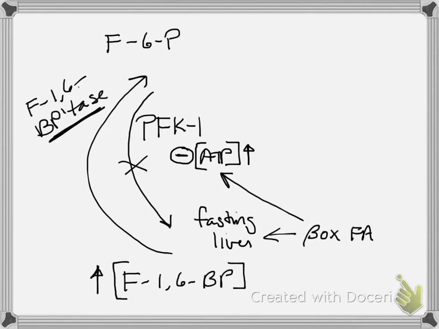The other aspect that controls PFK1, because this is not sufficient, because we need to make sure that gluconeogenesis fires in one direction, is going to be the conversion of fructose 2,6-bisphosphate into fructose 6-phosphate. So remember that we have PFK2 activity involved in here.